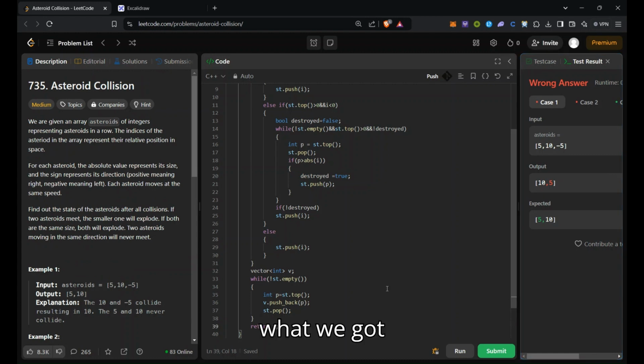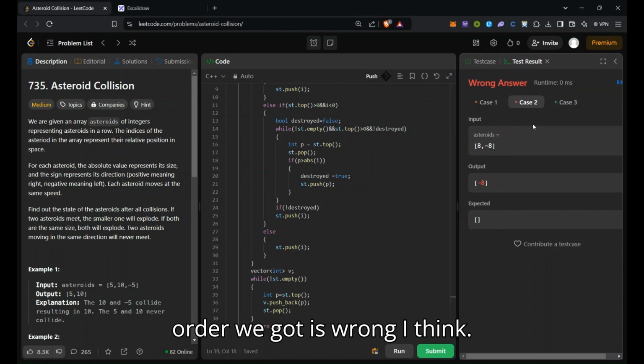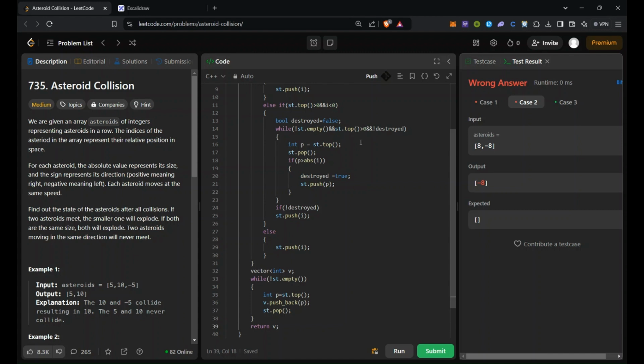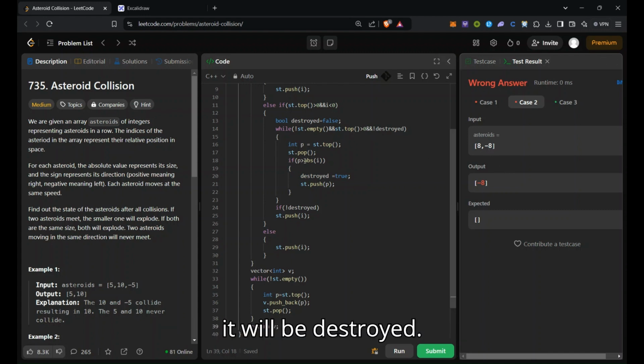What we got is wrong. When the sizes are equal, then also it will be destroyed.